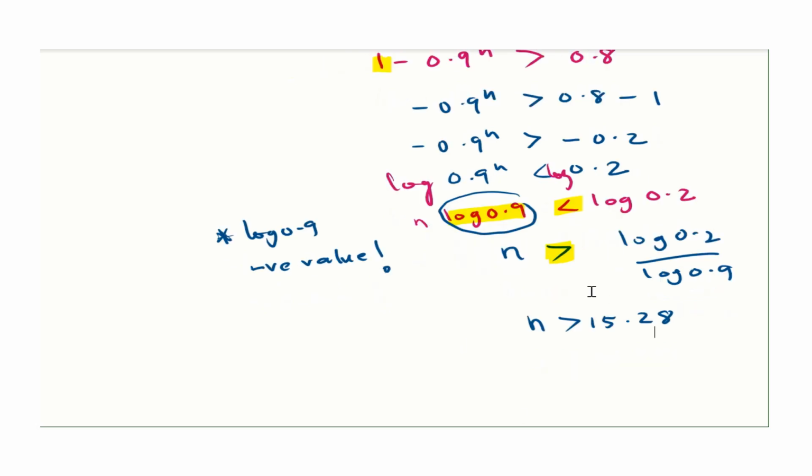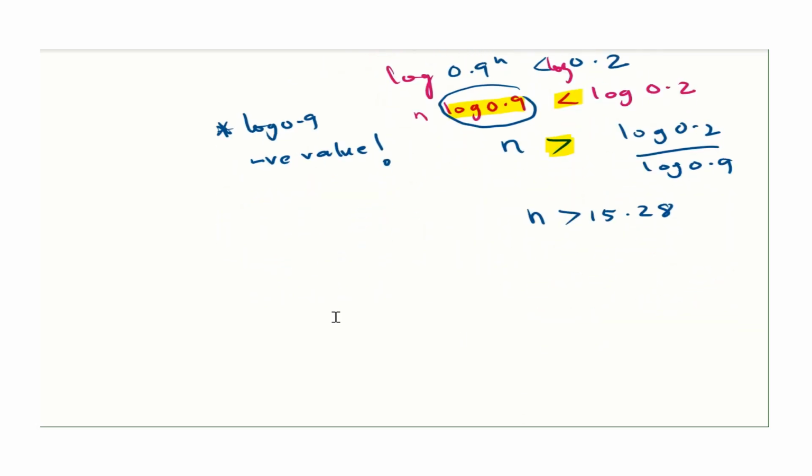Jadi dia nak smallest values of n kan, jadi kita kena interpret dia. So jadi kalau Medan buat number line, this is 15, this is 16, and then before 15 is 14. Okay, sekarang ni kita punya nilai is 15.28. So jadi dia ada dekat around kat sini.